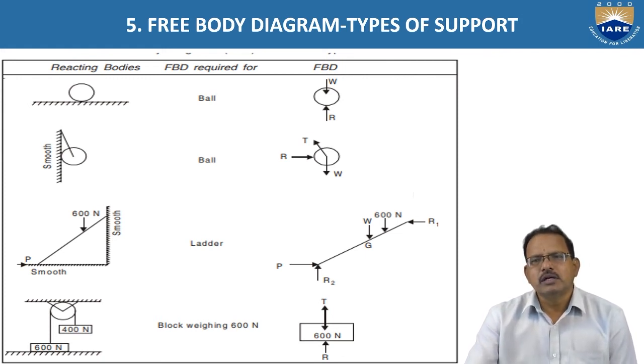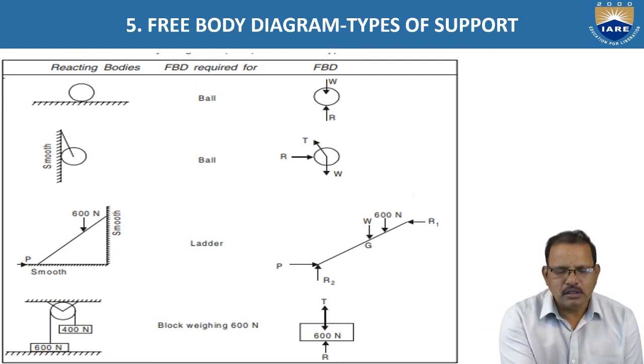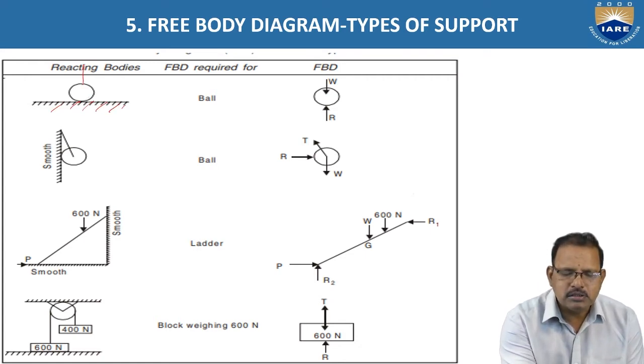The first one is a roller resting on a surface. Here it is preventing a fall in the downward direction.